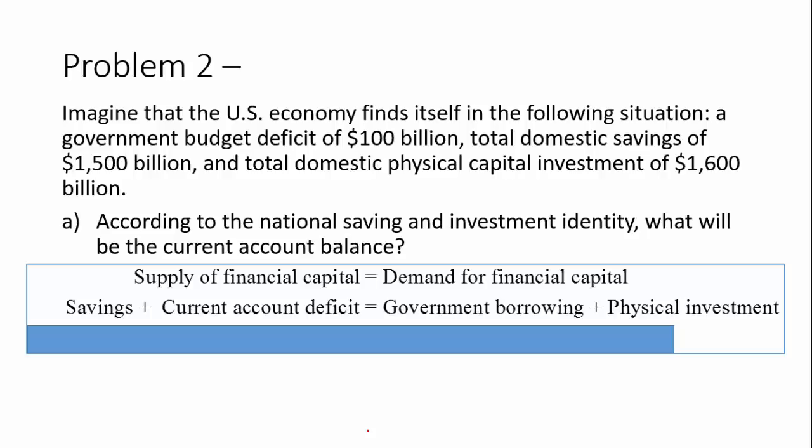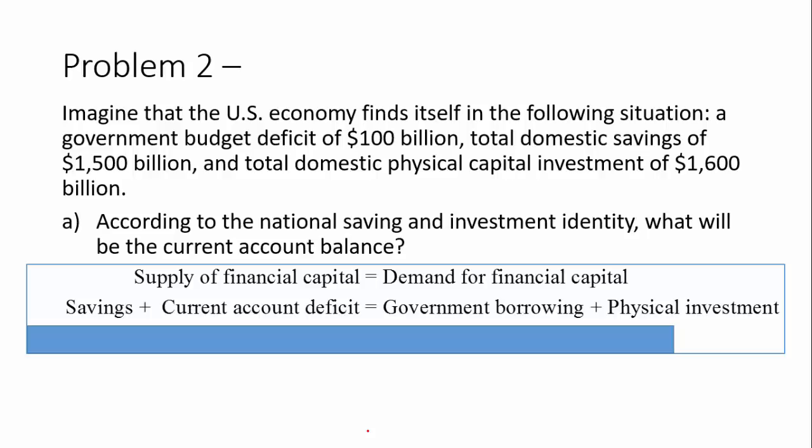And then we have our current account deficit, and really we could also get a supply from outside. The supply of financial capital is coming from outside, so we have a deficit, right?